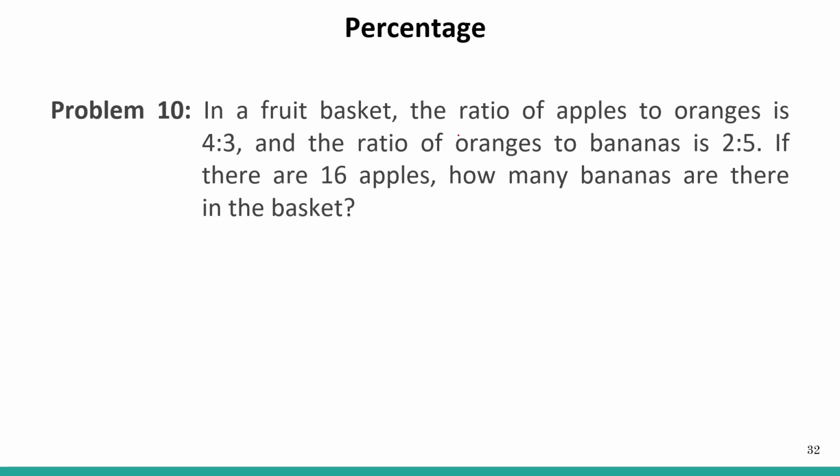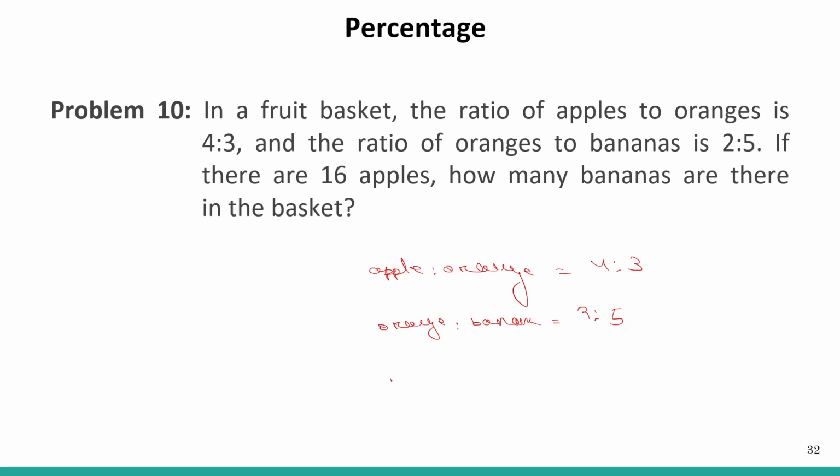I have a fruit basket, and the ratio of apples to oranges is 4:3. And oranges to bananas is 2:5.